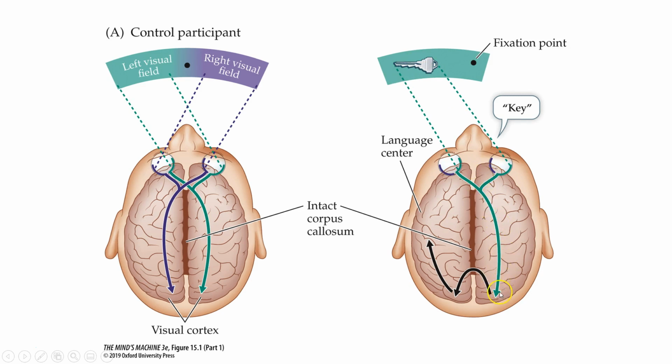It says, oh, that person saw a key, and then transfers over through the corpus callosum to the left hemisphere, which is where language is. And if you ask them, what did you see? The person will say, I saw a key. So the visual information is processed by the right hemisphere, transferred by the corpus callosum to the left hemisphere where those language areas are, Broca's area and Wernicke's area, and the person is able to say, I saw a key.